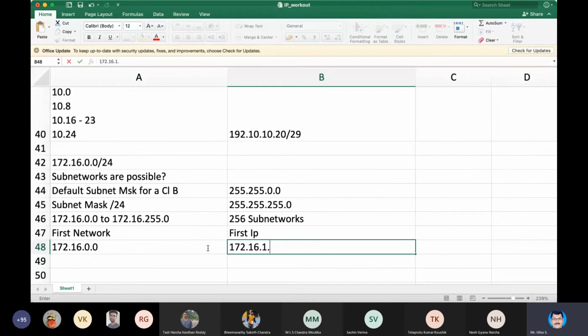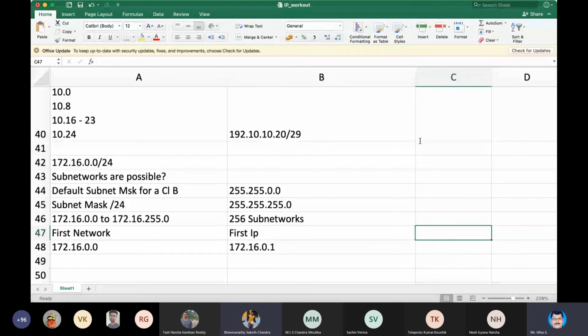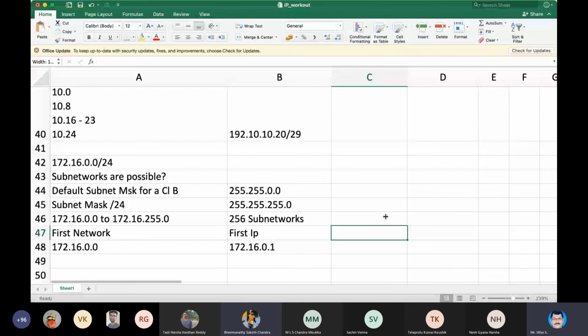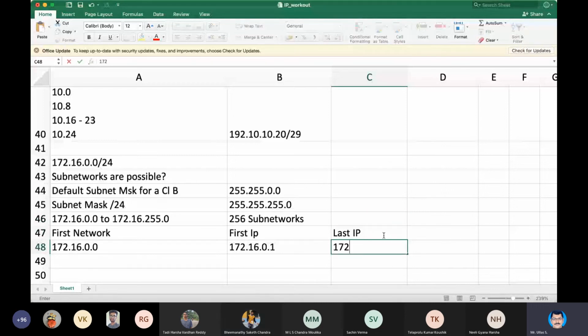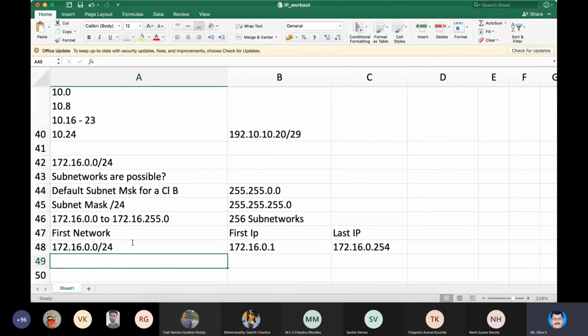What is the last IP in this? 172.16.0.254. That's the last IP for this first network, okay? You are supposed to write /24 also, otherwise people will think that it is /16. You cannot change the network part.